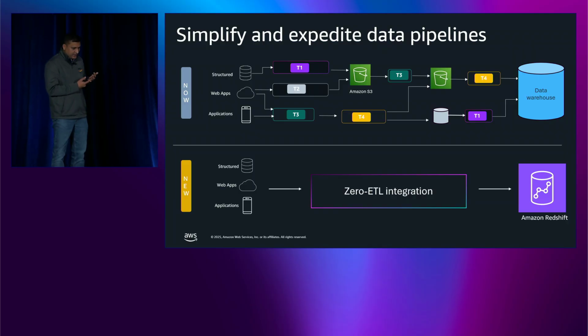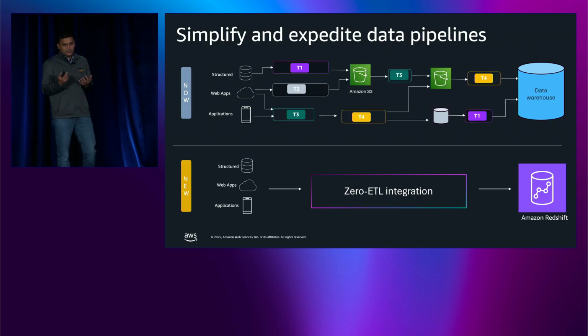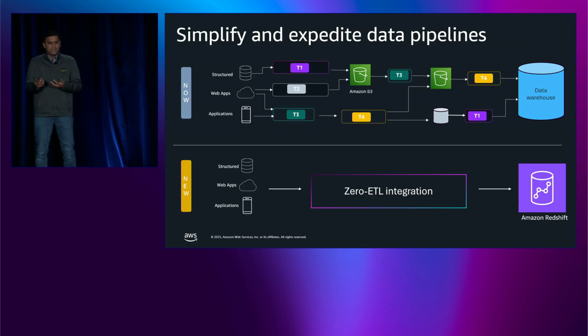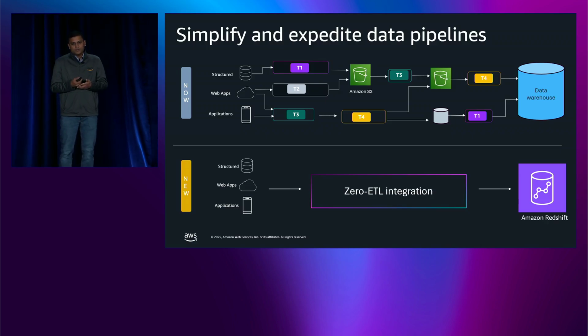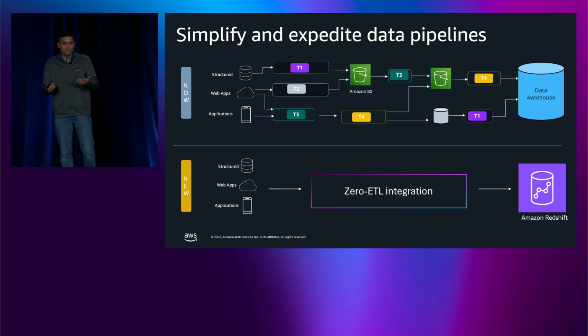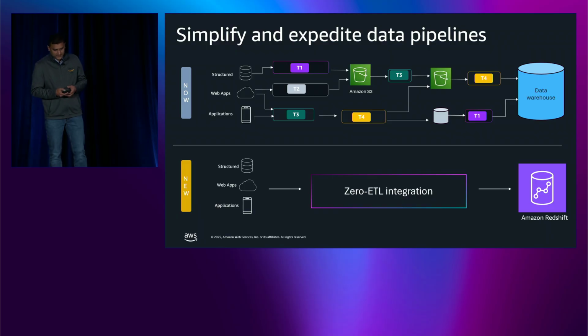Those sources are AWS native databases, third-party sources like Salesforce, SAP, ServiceNow, and also some of the on-prem data sources like Oracle and SQL Server. That's a new announcement at this re:Invent. So there is enough choice for you to simplify your ETL pipelines.